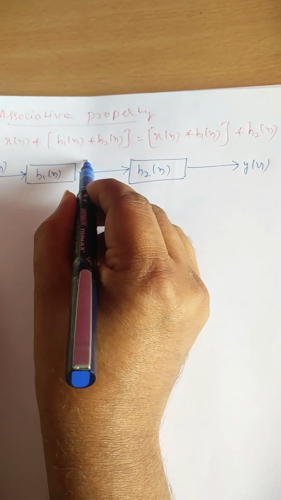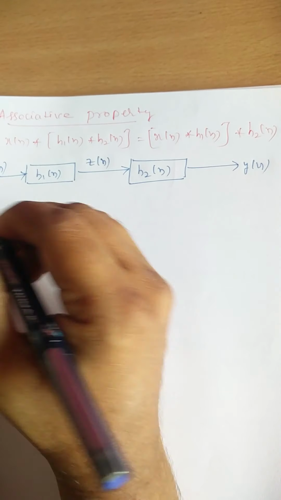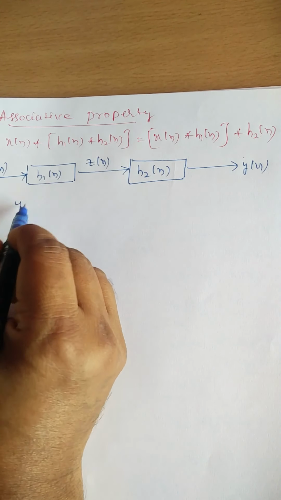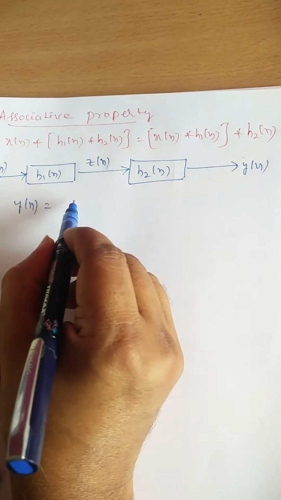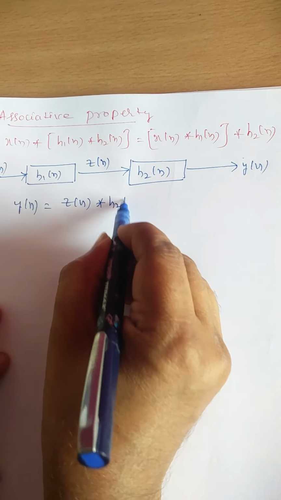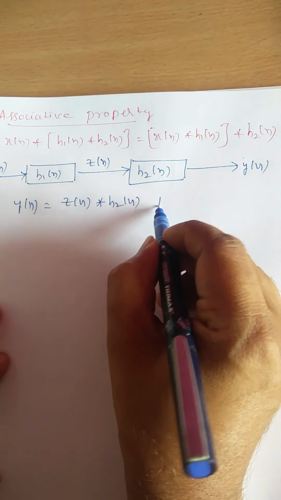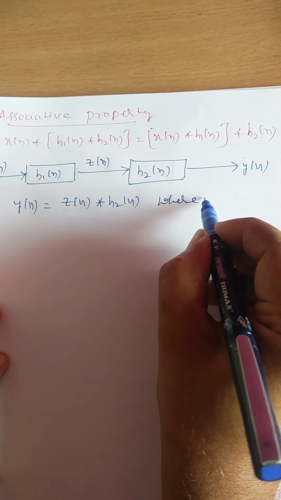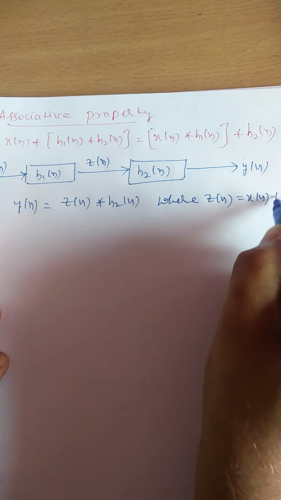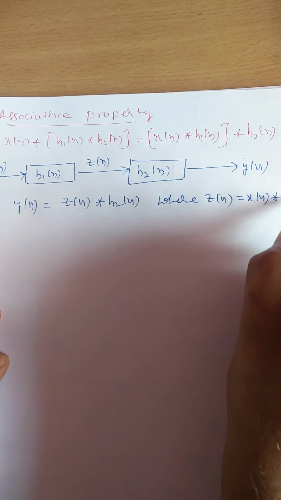Output of the first LTI system, let us denote it as z of n. Now from this we can write that y of n equals z of n, that is linearly convolved with h2 of n, where z of n equals x of n linearly convolved with h1 of n.